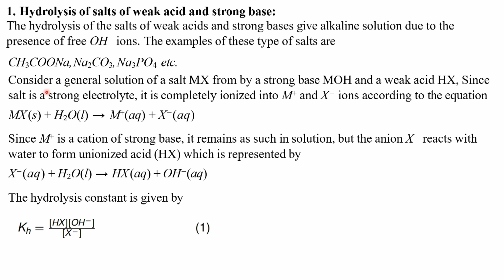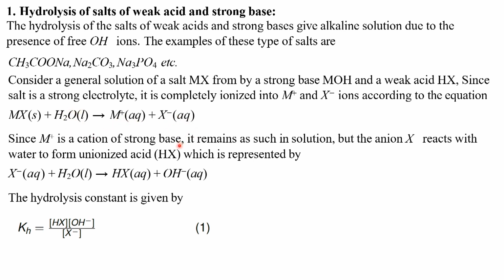so we get an alkaline solution here. Consider a general solution of a salt MX of a strong base MOH and a weak acid HX. Since salt is a strong electrolyte, it is completely ionized into M plus and X minus ions according to the equation like this. So MX, when we put in water, we get M plus and X minus.